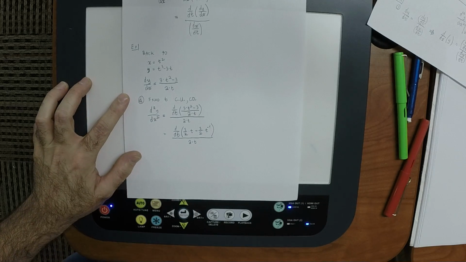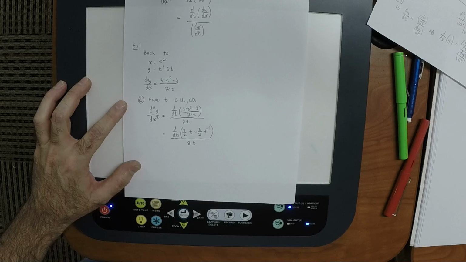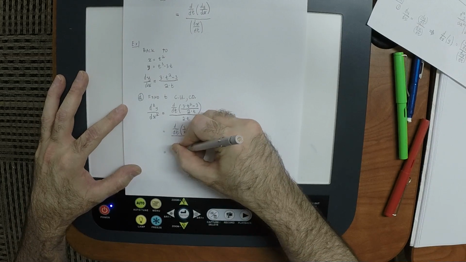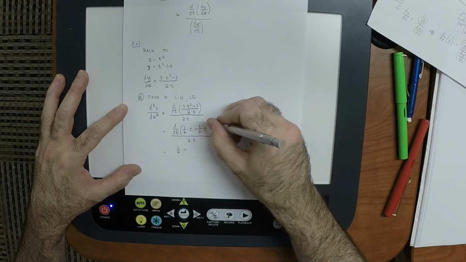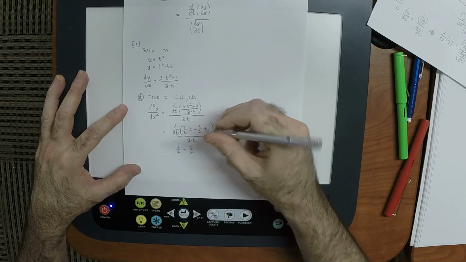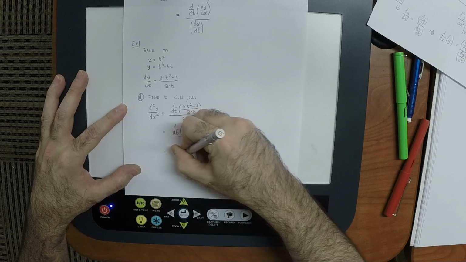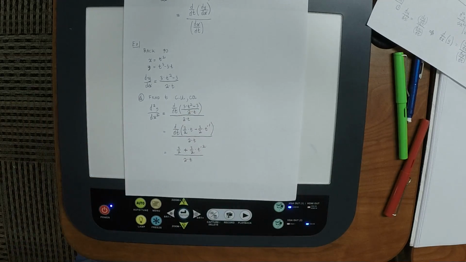So that's just an algebraic step to make my life a little easier. And then now I can differentiate that with respect to t and get, in the numerator, 3/2. And then subtract, but becomes add. So 3/2. And then multiply by t to negative 2. And then over 2t.